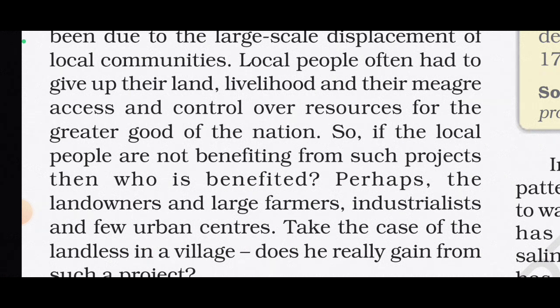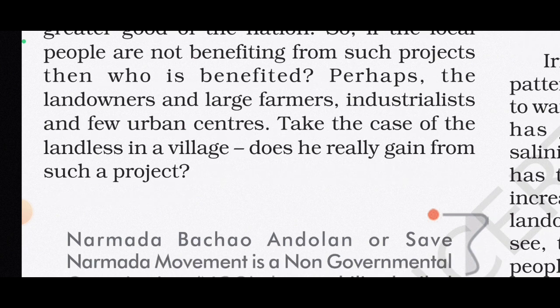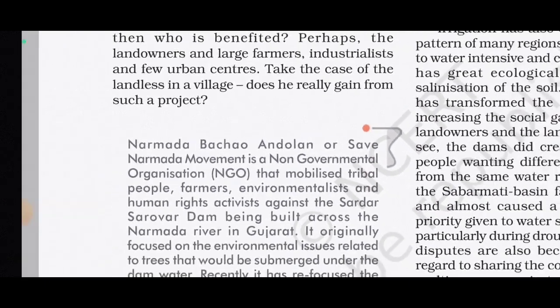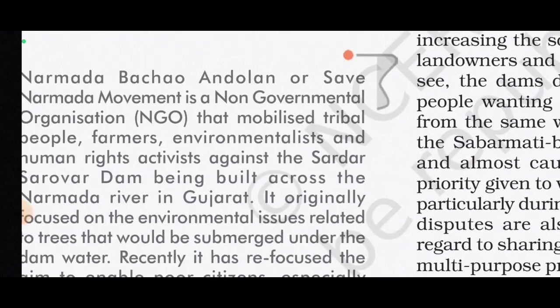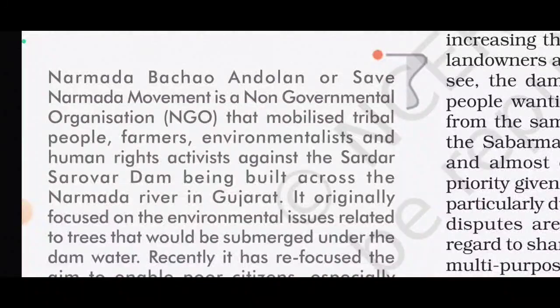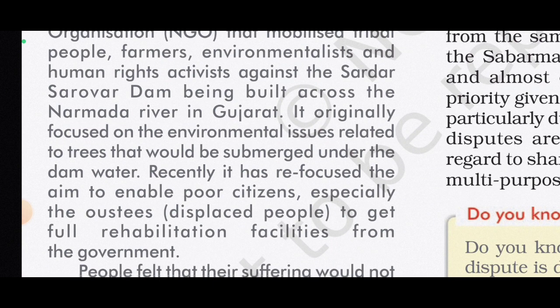So, if the local people are not benefiting from such projects, then who is benefited? Perhaps the landowners and large farmers, industrialists and few urban centers. Take the case of the landless in a village. Does he really gain from such a project? So Narmada Bachao Andolan or Save Narmada movement is a non-governmental organization that mobilized tribal people, farmers, environmentalists and human rights activists against the Sardar Sarovar Dam being built across the Narmada River in Gujarat.